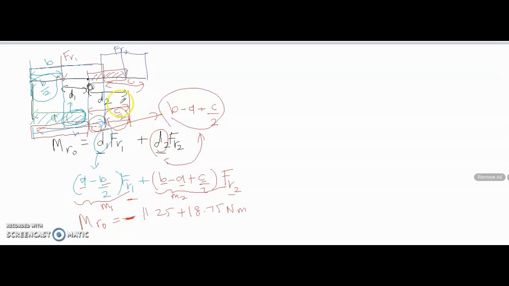Let's say the system is like this. So moment about point O, this is your FR1, this is your FR2. Let's set the clockwise as positive. So when the moment is about point O, this is your line of action, this is your force, so the rotation will be going that way.